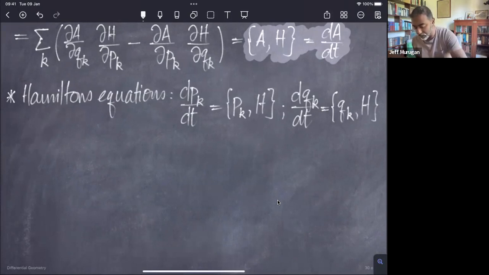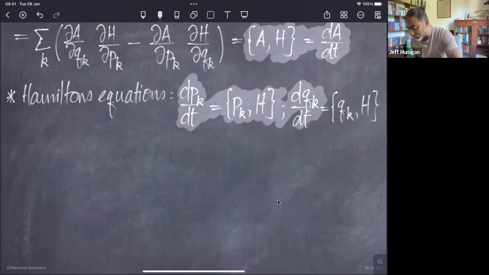We've taken these equations and formulated them in terms of the Poisson bracket between the generalized coordinates and generalized momenta and the Hamiltonian.